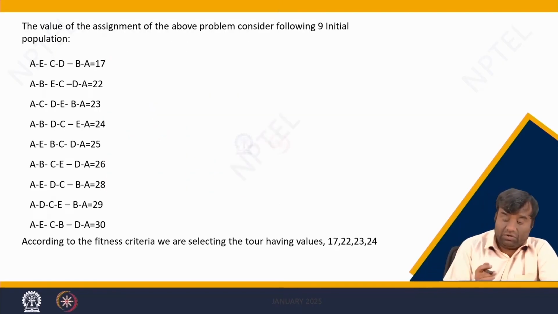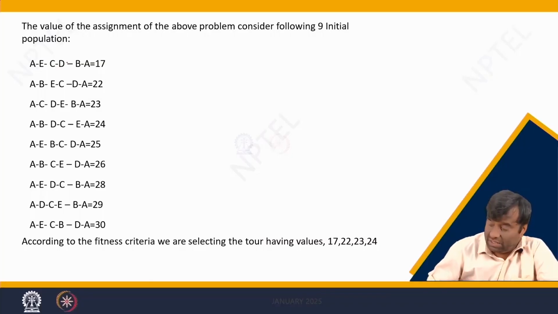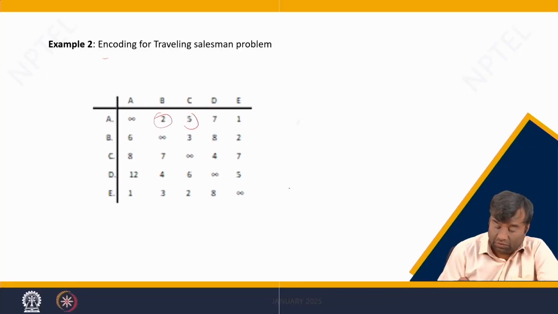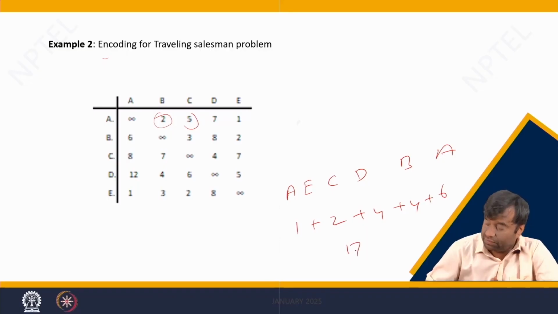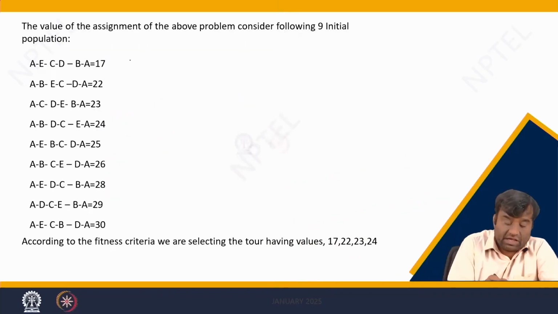Here we are considering an initial population, that is A, E, C, D, B, A. So A to E is 1, E to C is 2, C to D is 4, D to B is 4, and B to A is 6. So if you add, you will get 17.